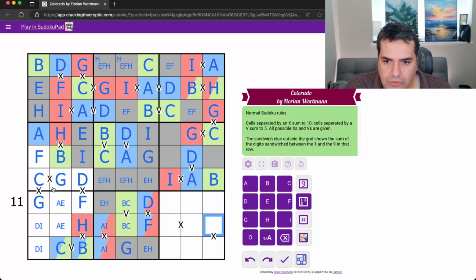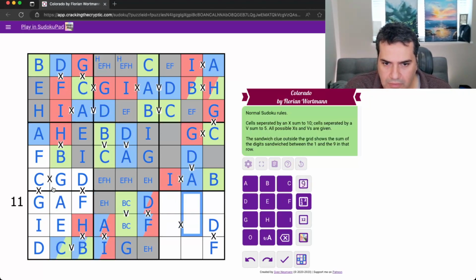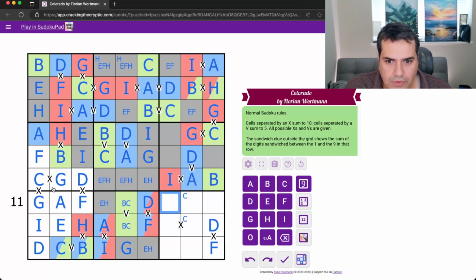So we know D has to be here, paired up with an F. We know the order of that. We know C has to be one of these two squares. B has to be in one of these two squares.